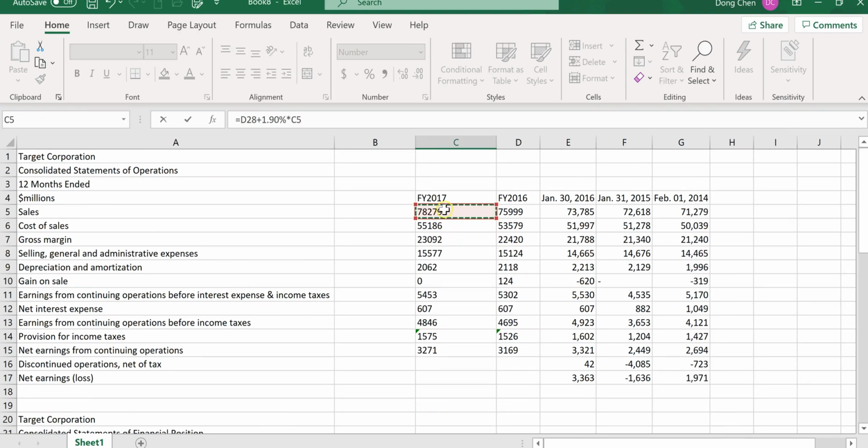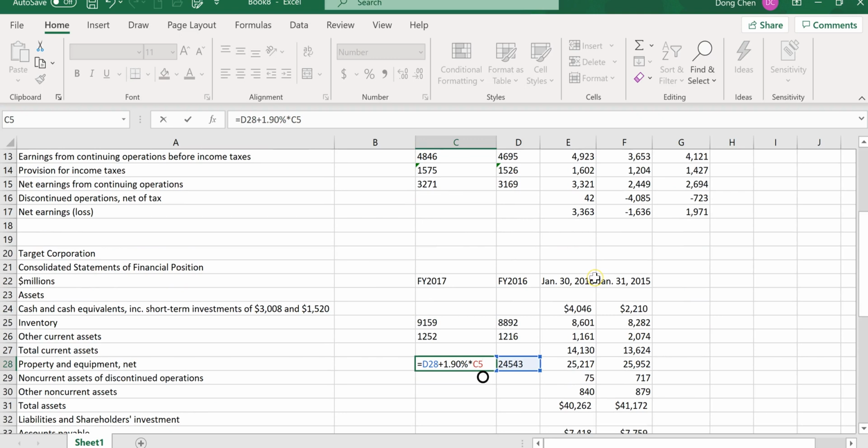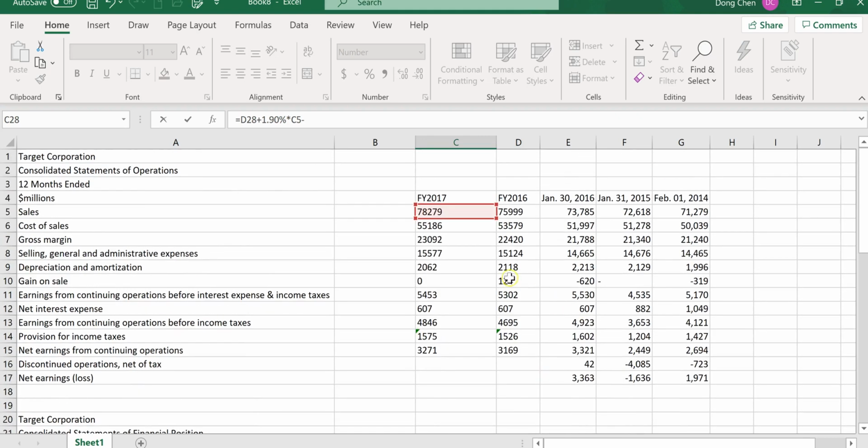And then times the forecasted sales, right? We should use the 2017 number now. So far, this is the forecasted capital expenditure. And then we should subtract the depreciation and amortization. It's right here from the income statement.